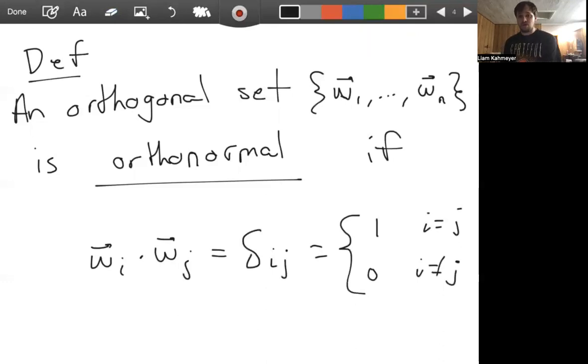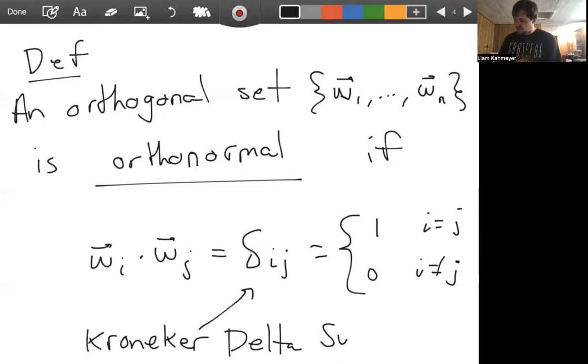So not only is this collection W1 through Wn orthogonal, but when you take the dot product of any of these vectors with itself, you get 1. Oh, by the way, this is the Kronecker delta symbol.